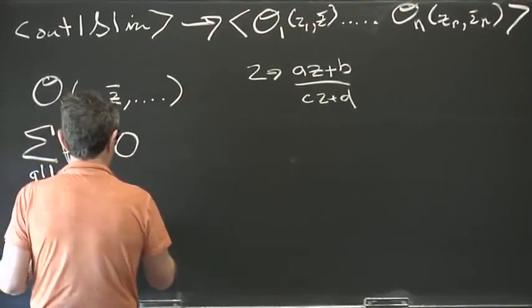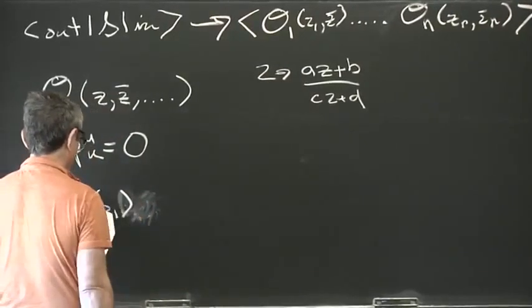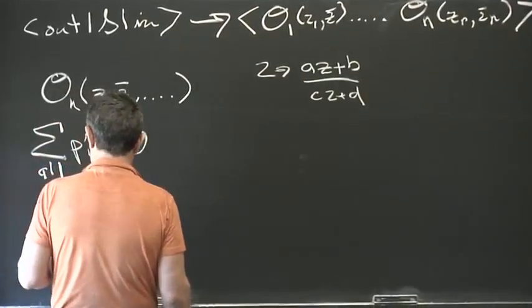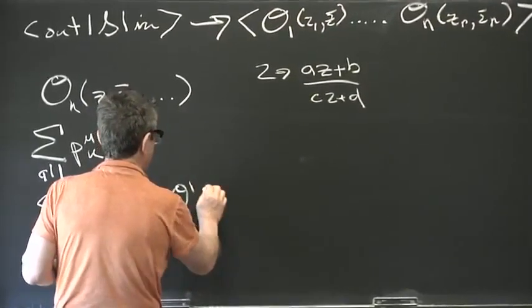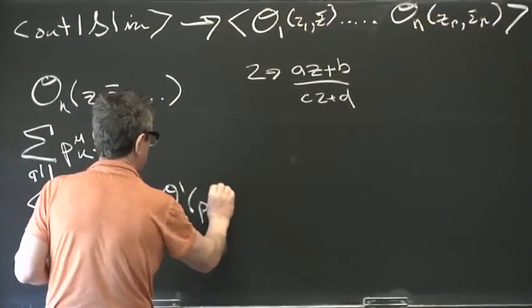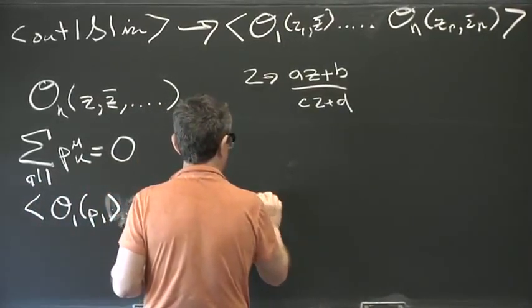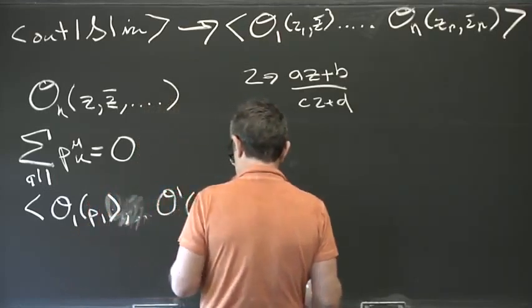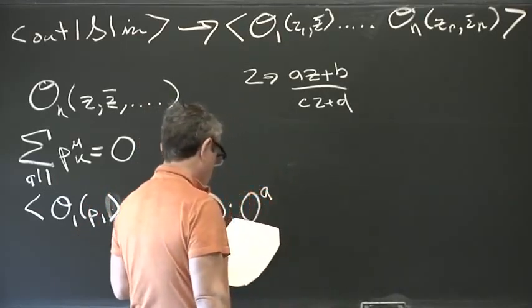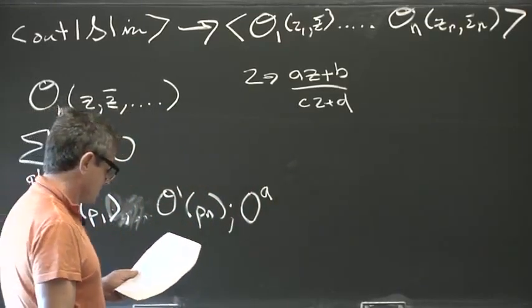So O_1 of p_1, which we think of as functions of z's, so we imagine we have n incoming plus outgoing particles, and then we add as an (n plus 1)th thing a gluon. And I'm talking about now non-abelian theories with massless gluons. I'm not Higgsing them.